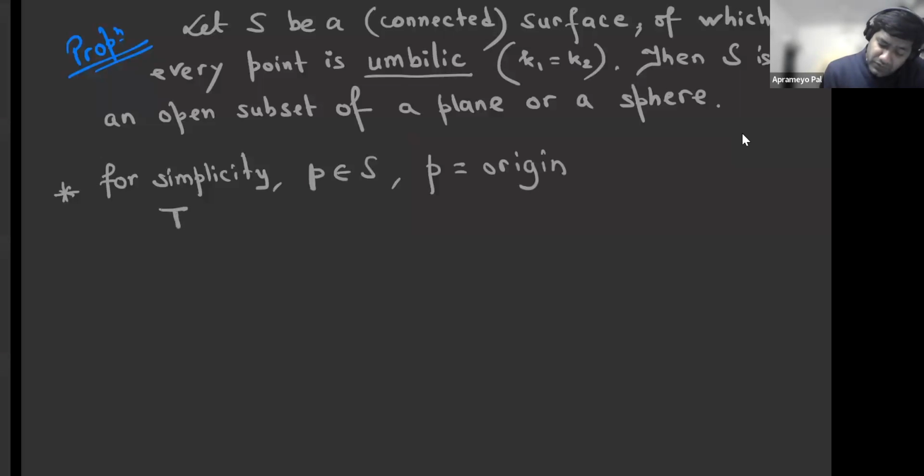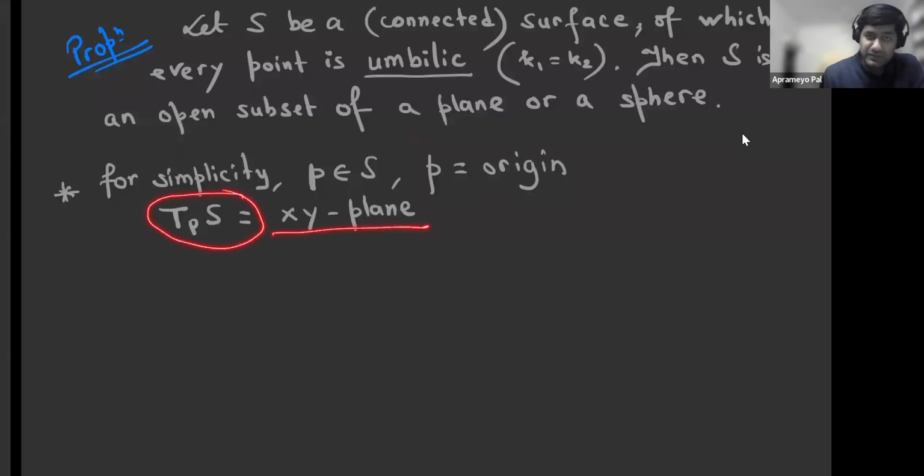And we can also consider the tangent plane T_P S to be the XY plane. If we consider P to be the origin, then applying some shape-preserving isometry, you can consider this T_P S to be the XY plane. Without loss of generality, you can assume this.